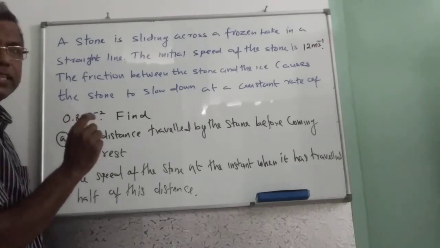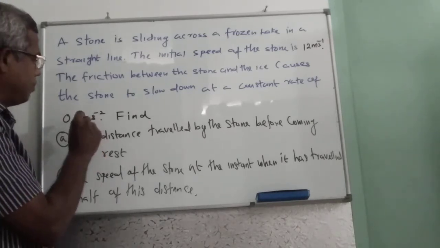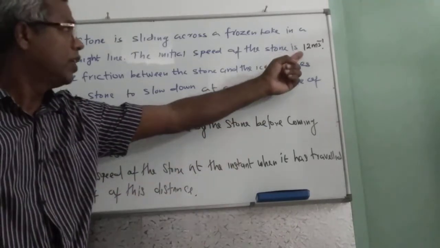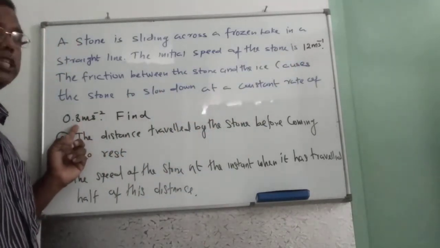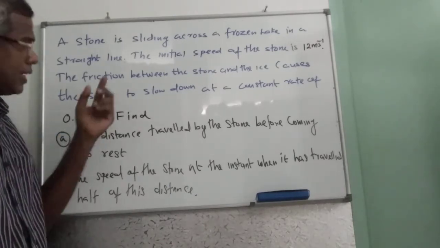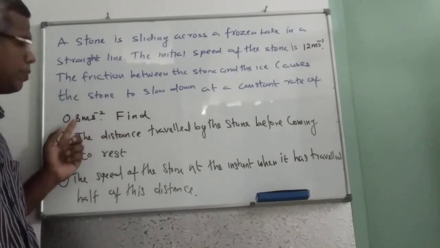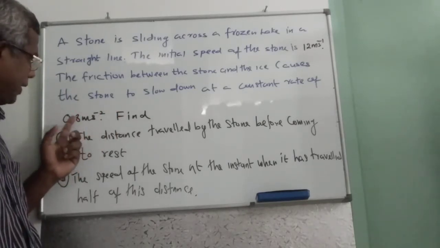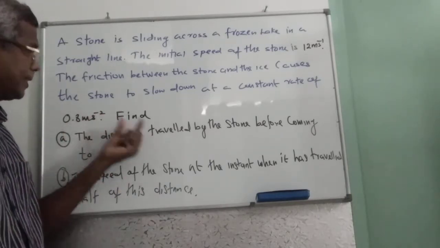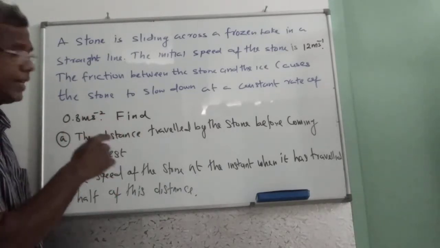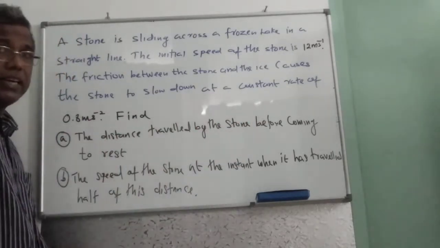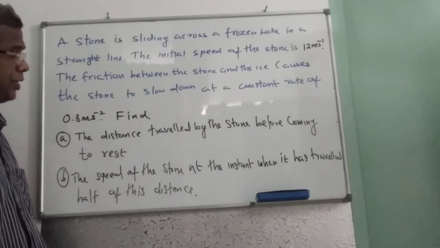So each and every second, the speed is reducing by 0.8 meters per second. The initial speed is 12, so the next second the speed will be 12 minus 0.8, which is 11.2, and so on. Every second the speed is decreasing by 0.8. This constant rate is what we call deceleration.